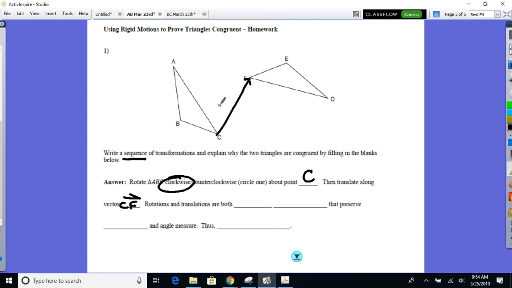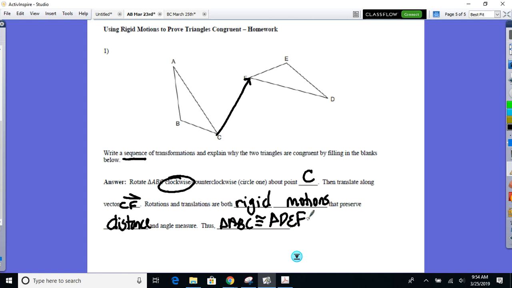Yes, it would have to come from that point, because C stayed where it is, so I need to go from C to F. And then we finish this. Rotations and translations are both rigid motions that preserve distance and angle measure, thus triangle ABC is congruent to triangle DEF.